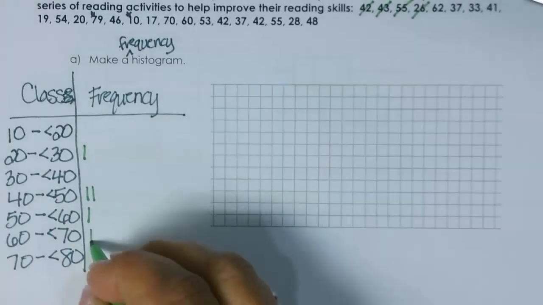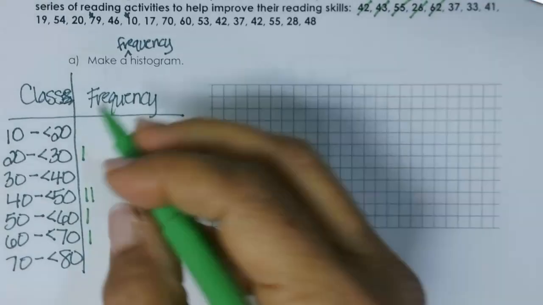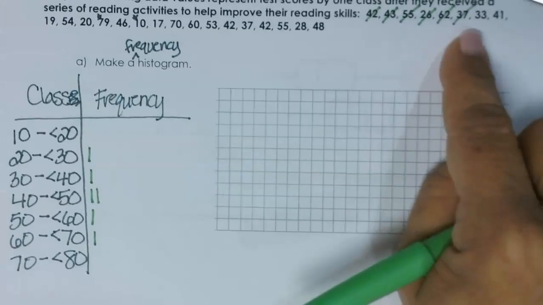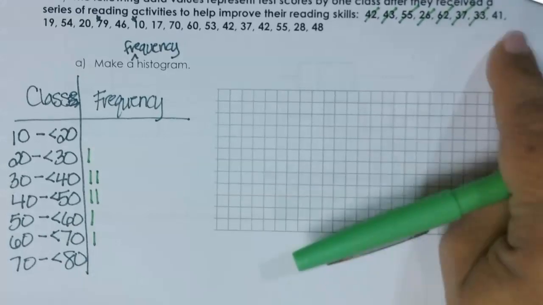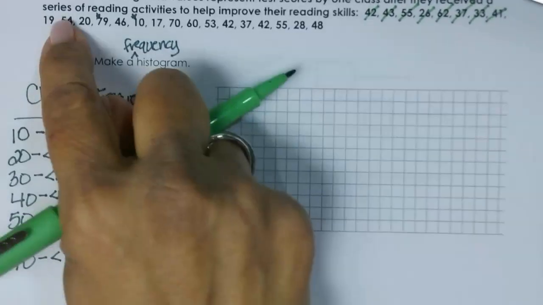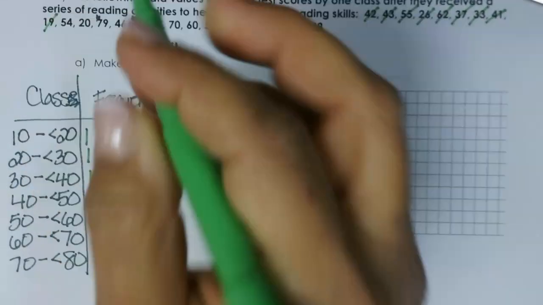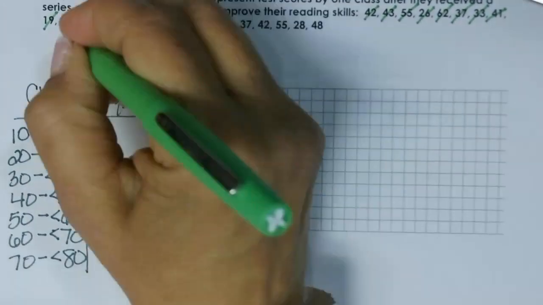62 would go 60 to less than 70. 37 would go 30 to less than 40. 33, 30 to less than 40. 41, 40 to less than 50. 19 would go right here, 10 to less than 20. 54, 50 to less than 60.